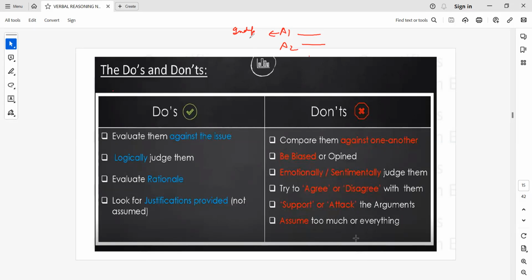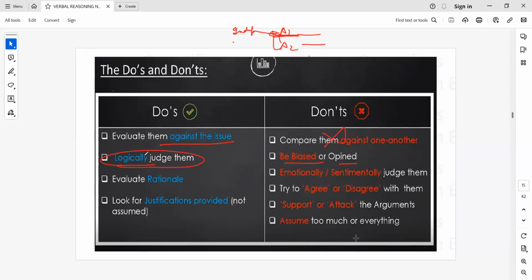It is not that you cannot read them together, because generally they may conflict with each other, but you have to see the validity of each argument individually. So evaluate them against the issue, but don't evaluate them against one another. Just see whether it is valid and related to the question statement.